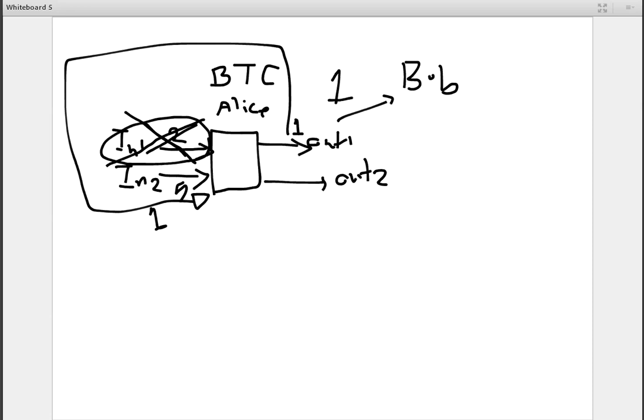One by which 1 Bitcoin is sent to Bob, and the second by which Alice sends the remainder, 1 Bitcoin, to herself. In fact, in Bitcoin, transactions are managed like this. We will discuss in detail in the next topic. Just a very brief introduction.